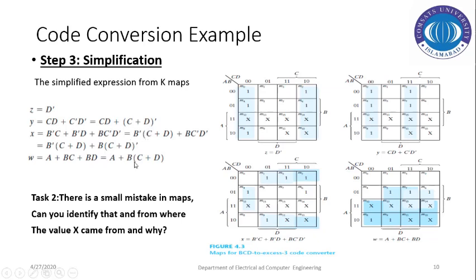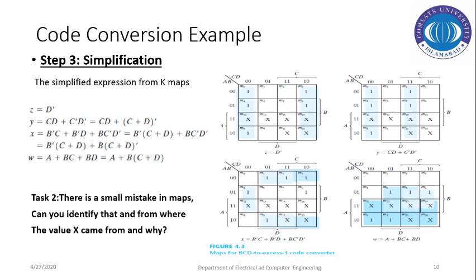So instead of implementing this every time again and again, we're going to implement one OR gate that processes C or D, and whatsoever the connections are with the remaining outputs, we're going to provide those connections. So these are the simplified expressions. I hope from this process you got the same sort of expressions.